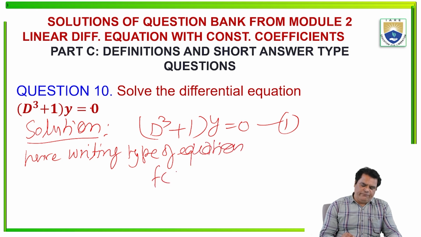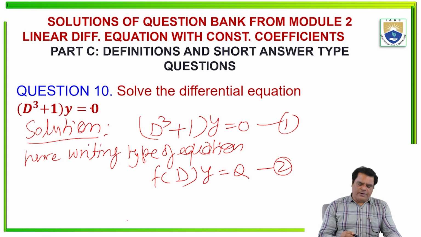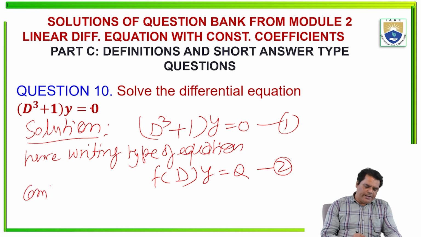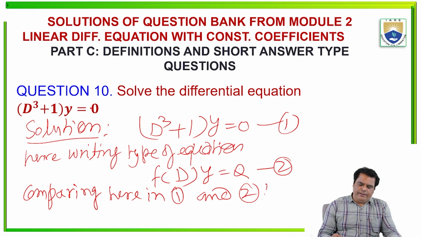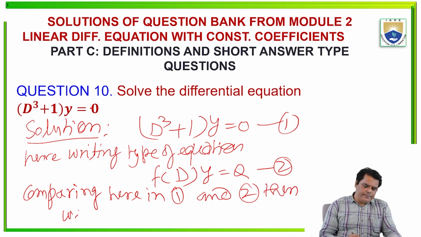Here, function of D into y is equal to Q. This is the type of equation. Comparing here 1 and 2, we get Q is 0.